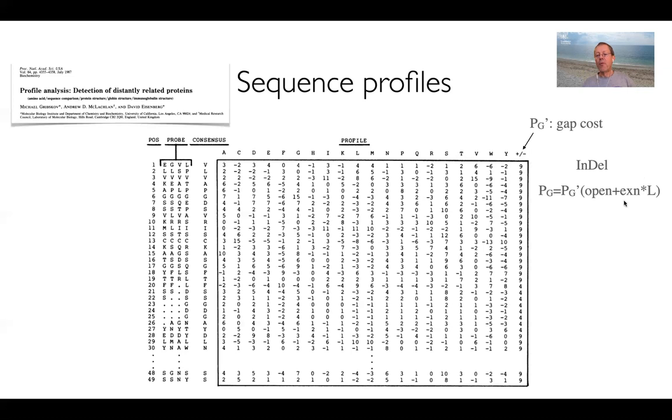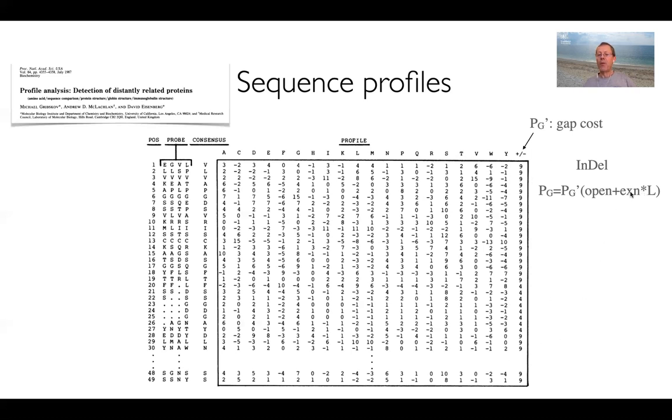The simplest model for a gap cost is to have one parameter for opening the gap, and then another parameter giving you the cost for extending a gap. So L is the length of the gap. If L is 1, you have the open cost plus 1 extension cost, and you multiply that by some factor, and that's the gap cost, PG prime. That's given in this column here.